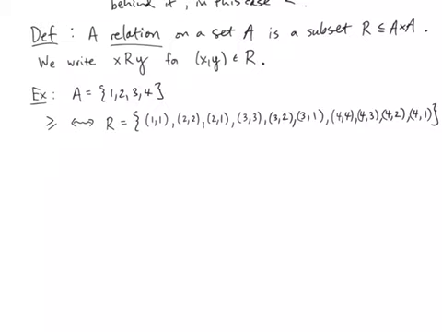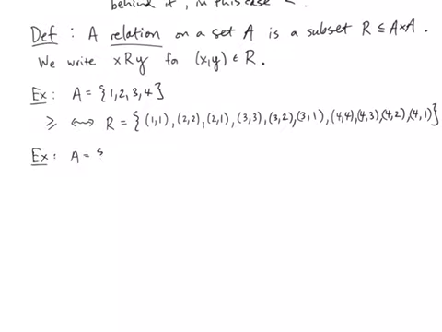So just looking at the pairs of elements, you should be able to sort of discern the hidden meaning behind this particular set of pairs. All right, so there's nothing lost by just defining this relation greater than or equal to on our set by this subset R of A cross A.